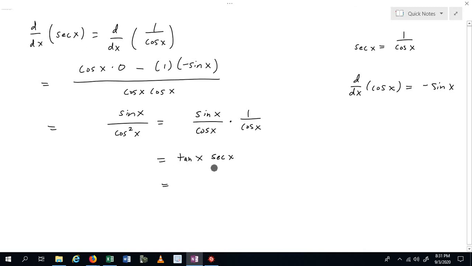Now usually we write it, and it doesn't matter what order you write this in, but we usually write it as secant x times tangent of x. Okay, so the derivative of secant of x is secant of x, but times tangent of x, which is kind of interesting.